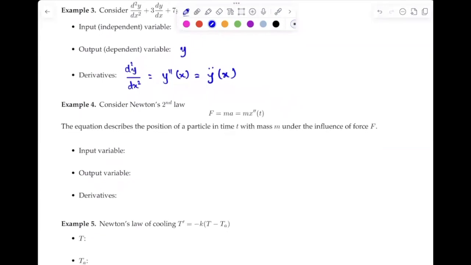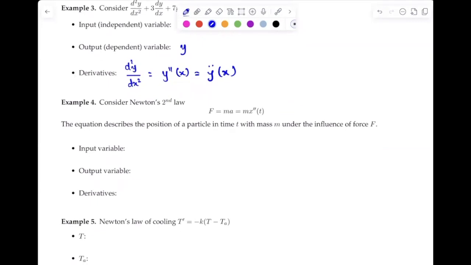Now let's talk about Newton's second law. Let's identify again the input or independent variable, the output or dependent variable, and the derivative. Newton's second law is the equation that describes the position of a particle in time t with mass m under the influence of the force F. You see this in physics courses many times already.